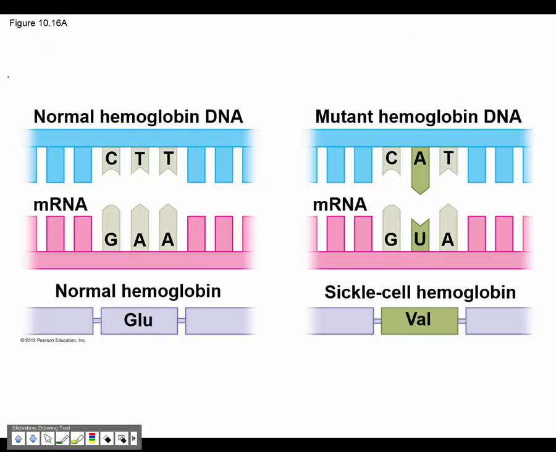So here we are with normal hemoglobin DNA that will produce your amino acid, and then you have the mutant hemoglobin DNA, something just slightly different, and that produces sickle cell hemoglobin. And this is very interesting because just one nucleotide mutation can confer an advantageous trait for people in high malaria areas, or a non-advantageous trait for people not in high malaria areas.